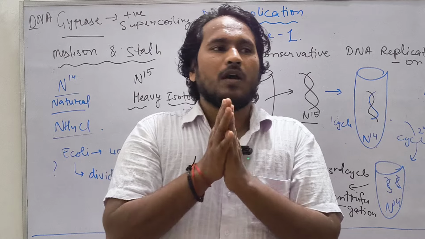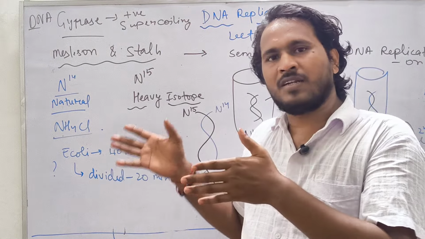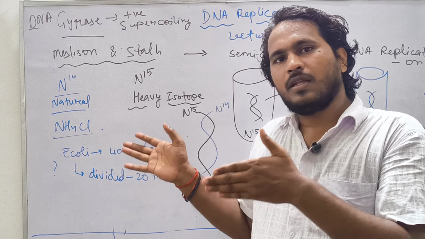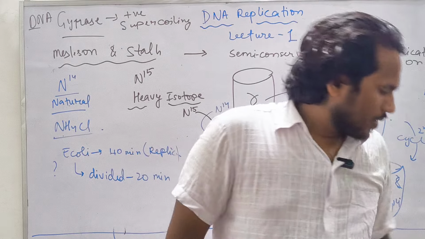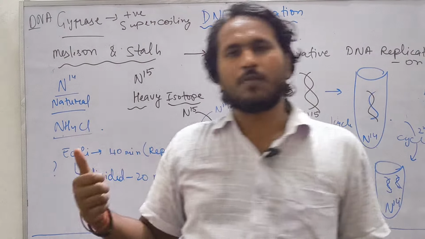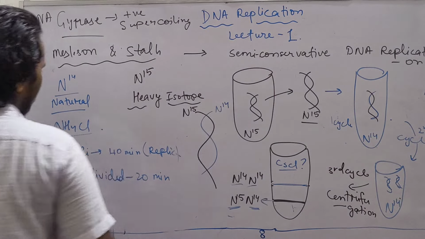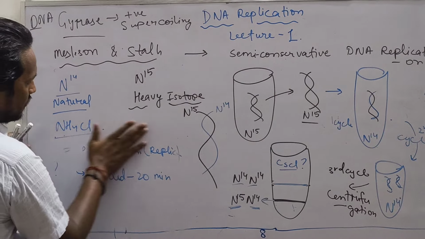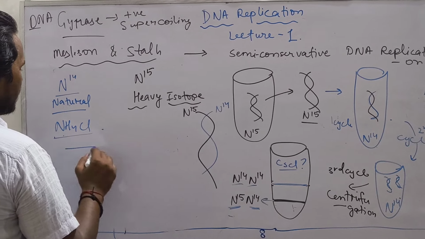Now, the answer for this is what? Just before the ending of the DNA replication, a consecutive DNA replication is happening. So before the ending of the one replication, the second replication is started. Let me show here. This is the DNA replication happening.